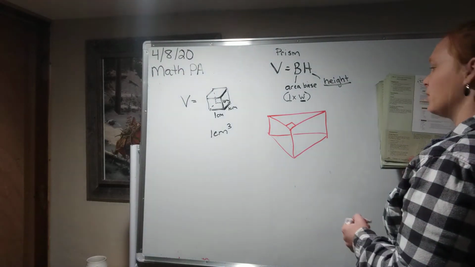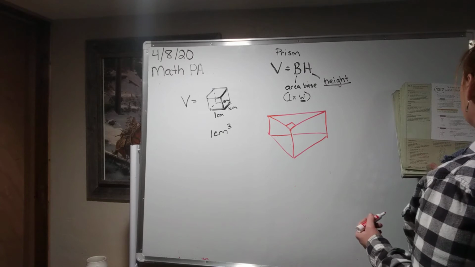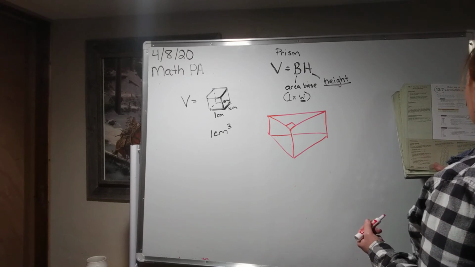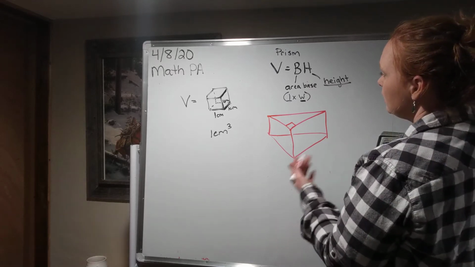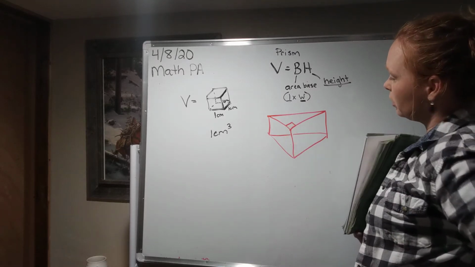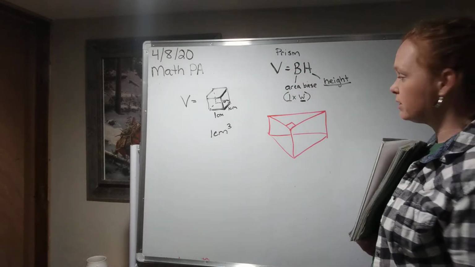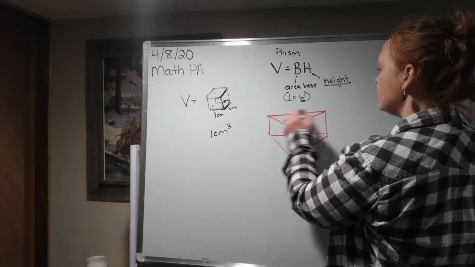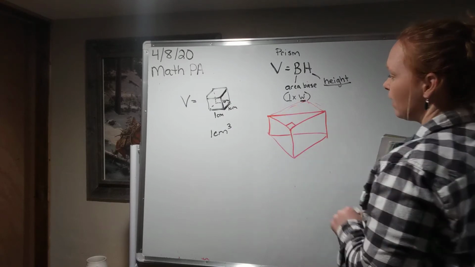Something like that, okay? In this case, if we think about this, isn't half of a triangular prism half of a rectangular prism, right? Because couldn't I extend this out and make a rectangular prism?